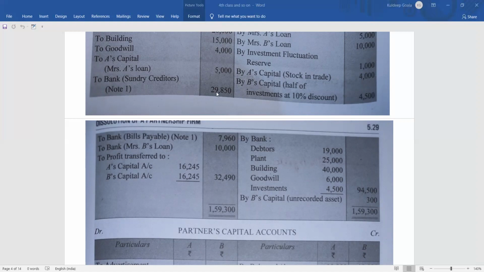So for 1 month, it is 150 rupees of discount. So 30,000 minus 150, it is 29,850. And in case of bills payable, the entry was realization account debit to bank. Again, bills payable, the amount will be 8,000 minus 6% for 1 month. So 6% for 1 month, how much is it? 40 rupees. So 8,000 minus 40 rupees, it is 7,960.